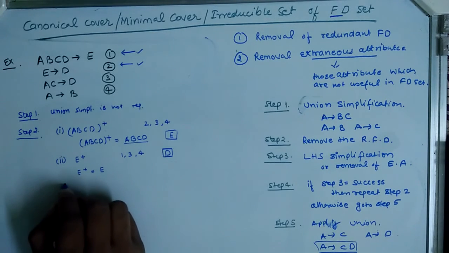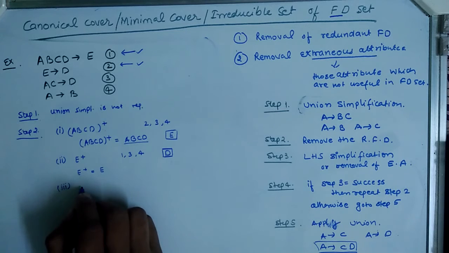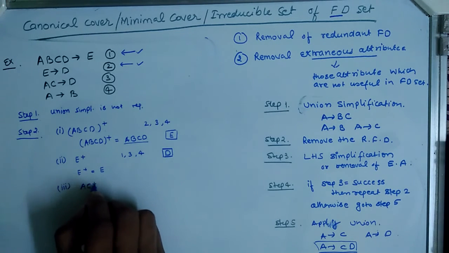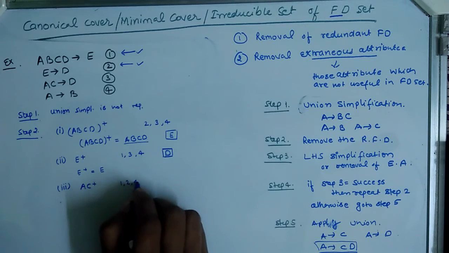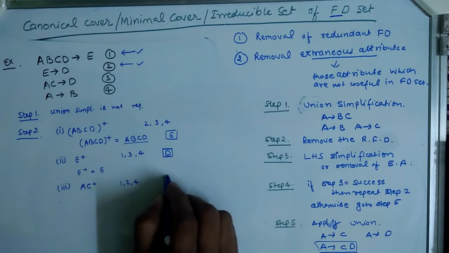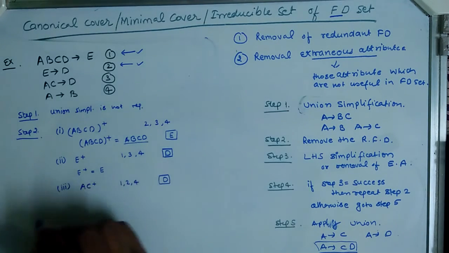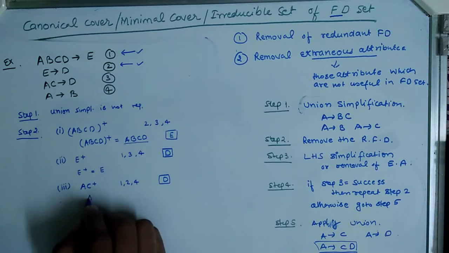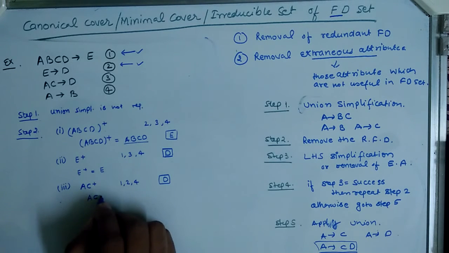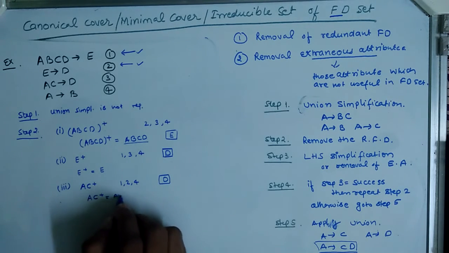In the third case, you hide equation number 3 and find the AC closure from equations 1, 2 and 4 and check whether these can derive the attribute D. So AC closure will give you AC.